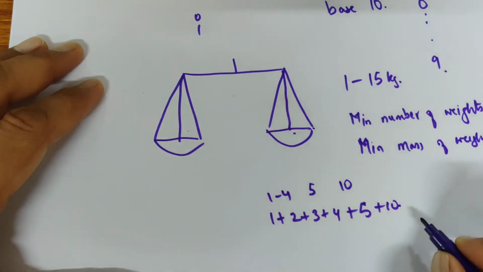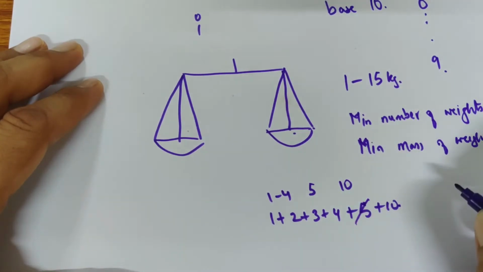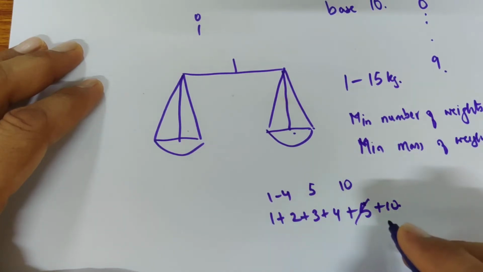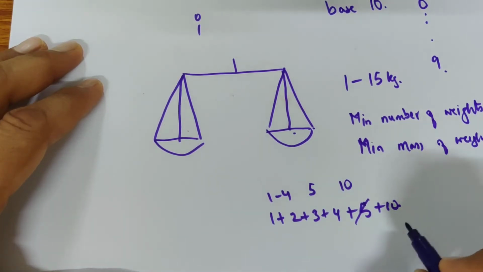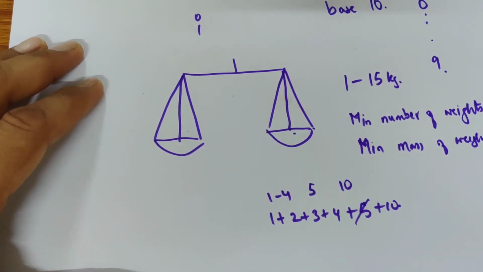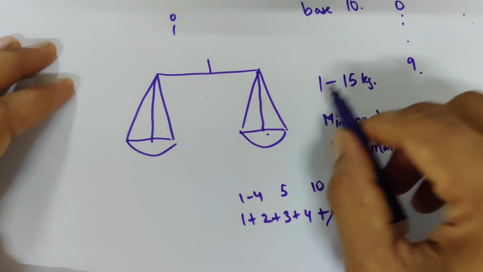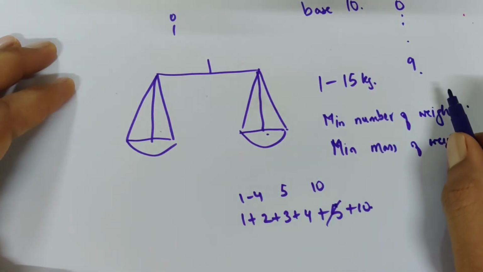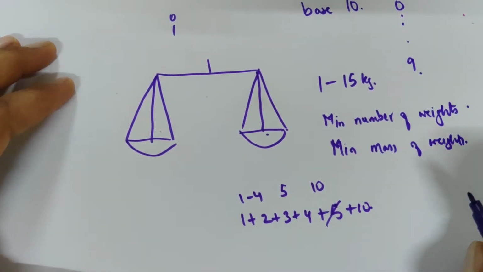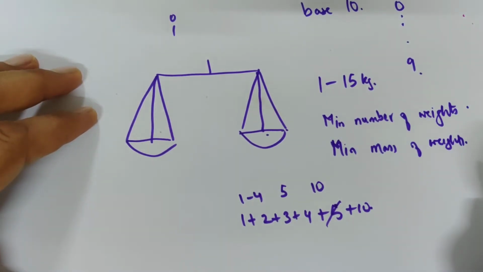I can get 5 out of 1 plus 4, okay fine. But you can't, because if you need to get 9, how do you get 9? So what is the most efficient way to solve this problem of having every weight from 1 to 15 and at the same time a minimum number of weights and minimum mass of the weights?